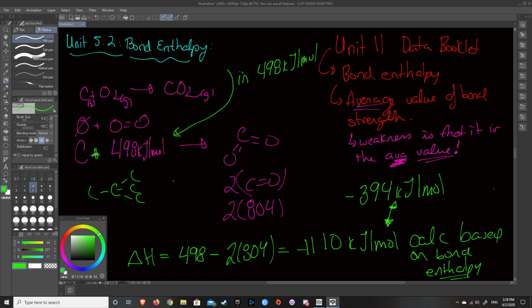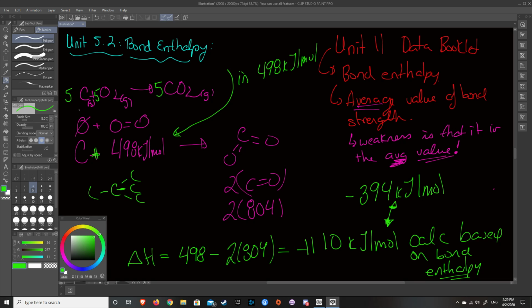But let's see if we can find a way to balance this out so that we can figure out. So let's see, 1, 2, 3, 4, 5. Let's put just a 5 here. Let's try to continue. A 5 here, which means we need a 5 here, which means we need 502. We need also a 5 here. So we've just increased it.